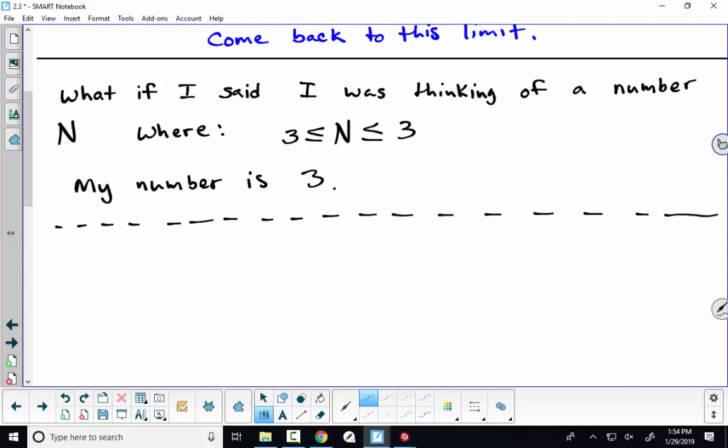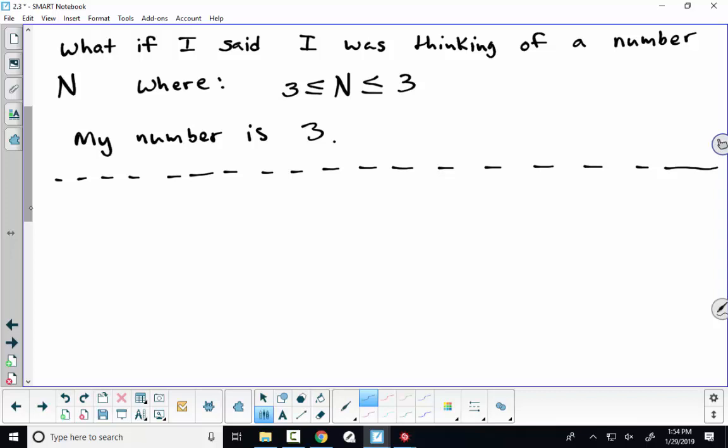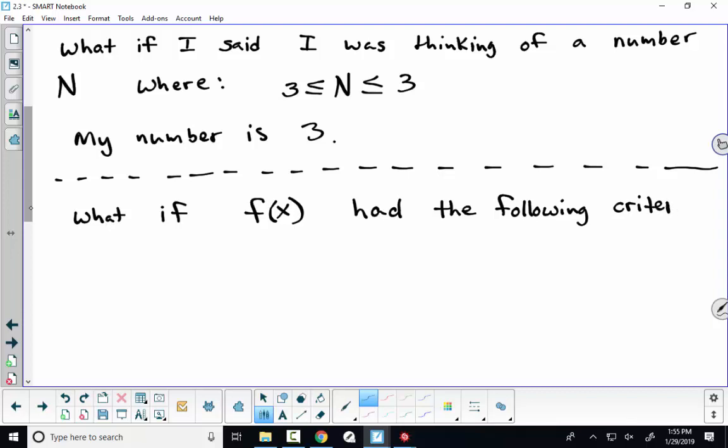So to extend that into our realm, let's say what if I was talking about a function f of x. So what if f of x had the following criteria? So I know f of x is smaller than or equal to, how does your book write it?